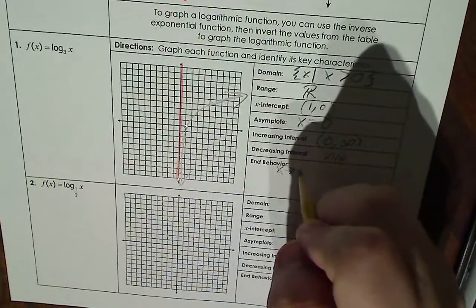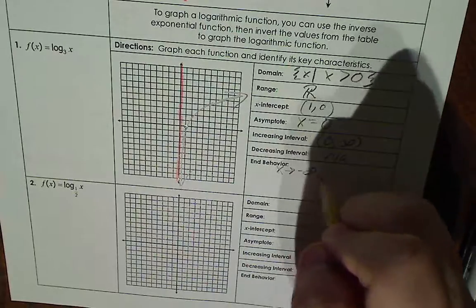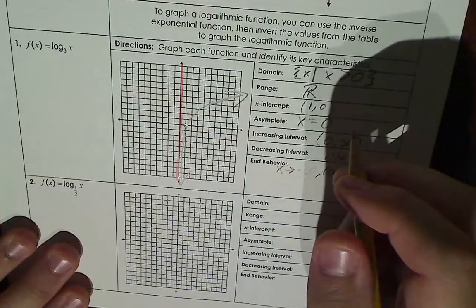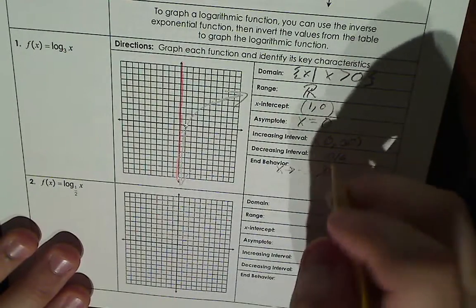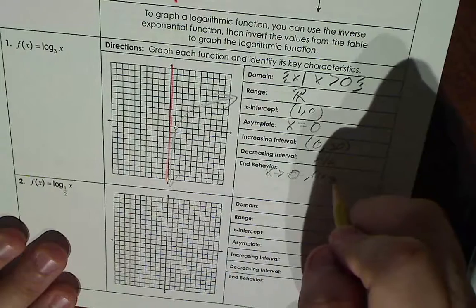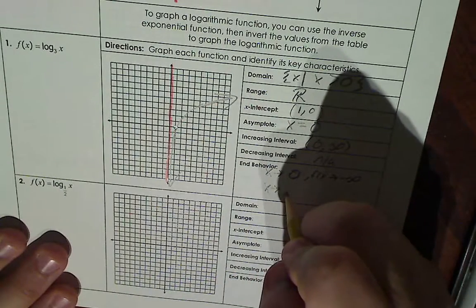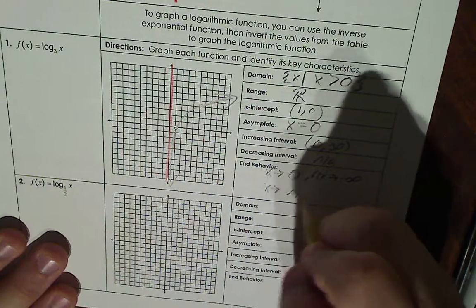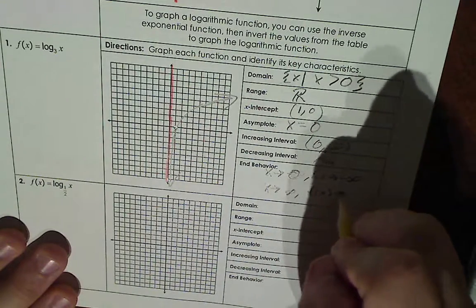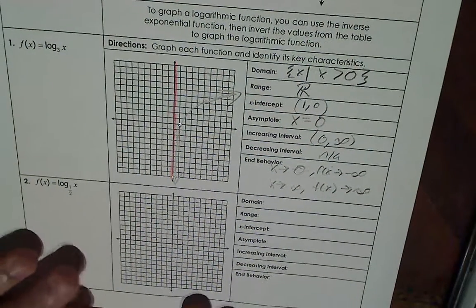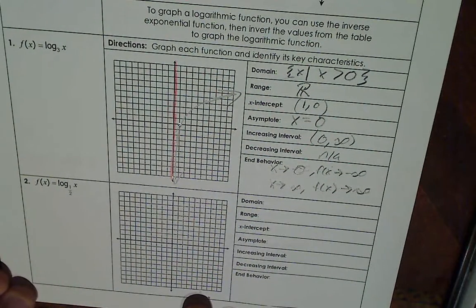As x is approaching 0, my f of x is approaching negative infinity. As my x is approaching positive infinity, my f of x is approaching positive infinity. That's end behavior.